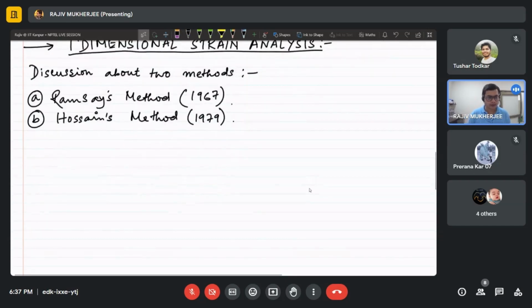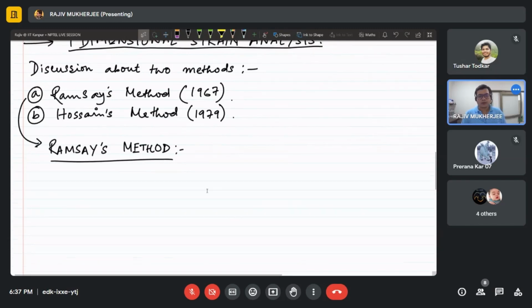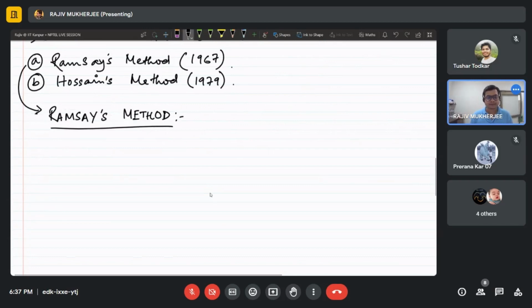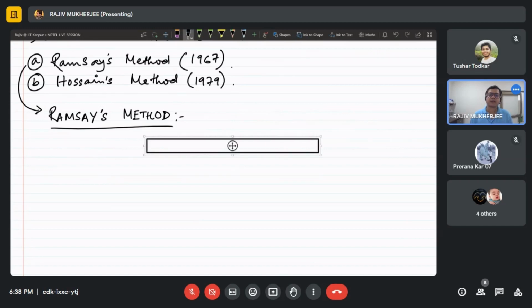So let us consider Ramsay's method. How did the deformation happen? So consider this as the initial belemnite fossil.